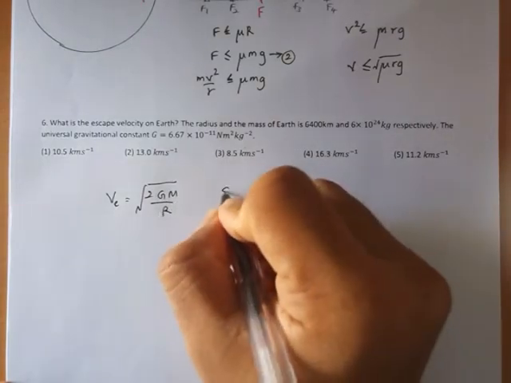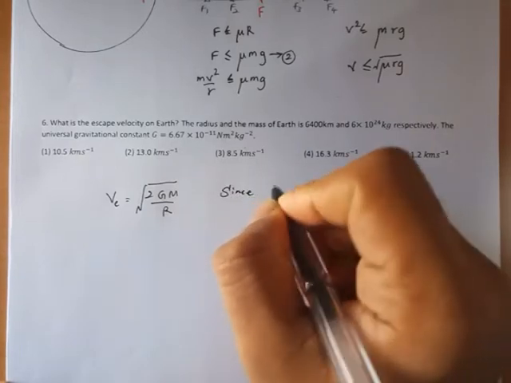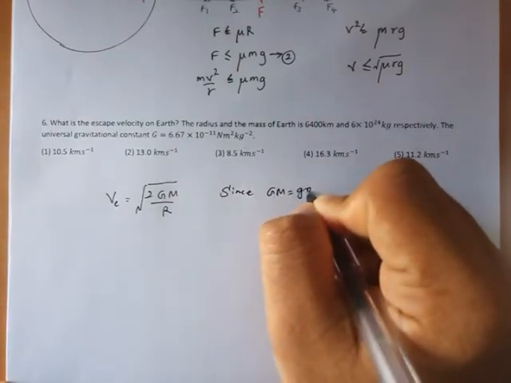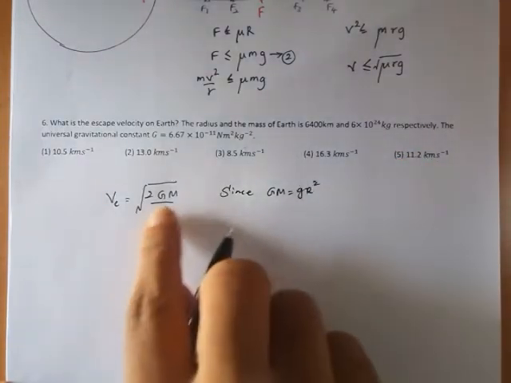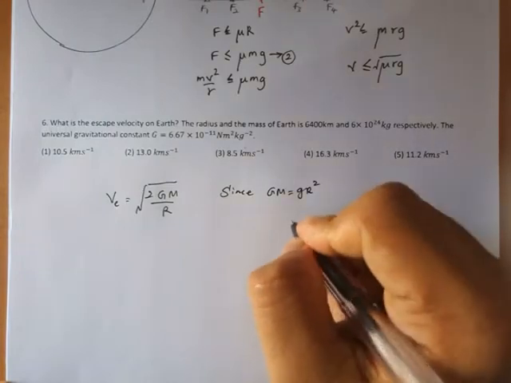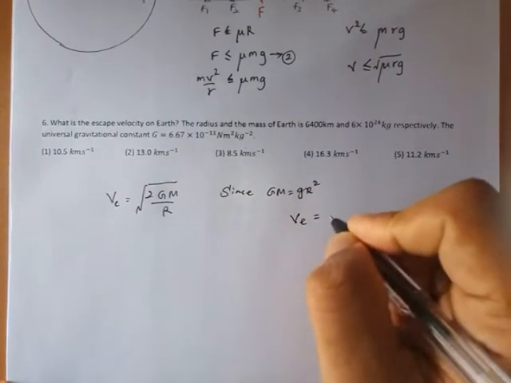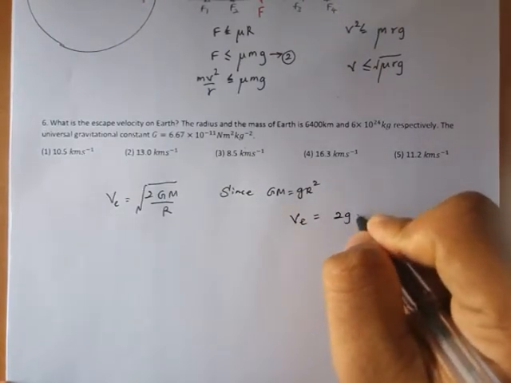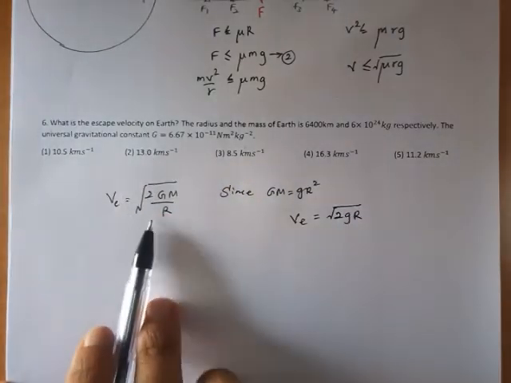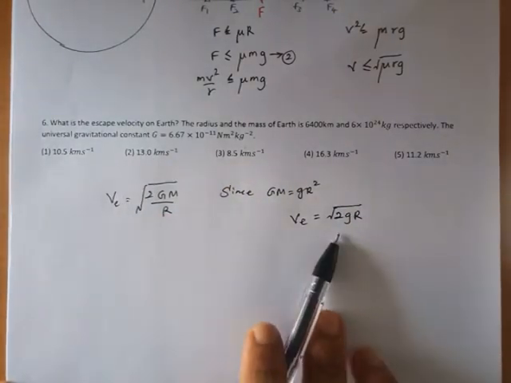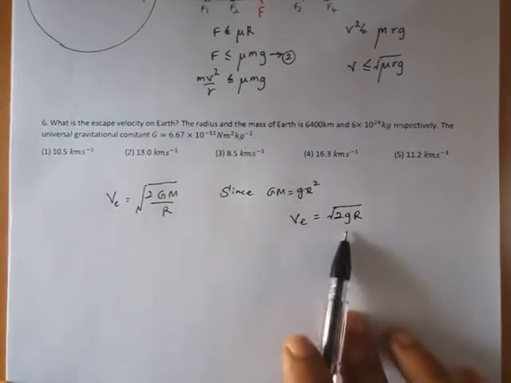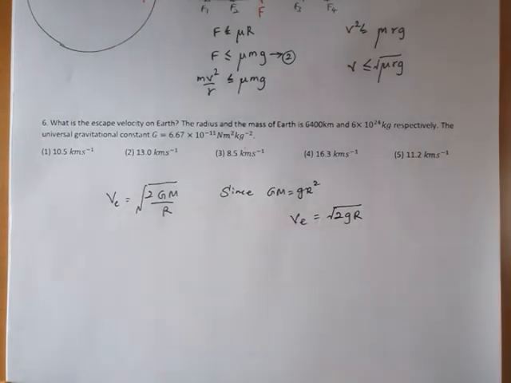And we know GM is equal to g R squared, so if I substitute g R squared for GM, then I get v equals the square root of 2gR. You can find the value using this equation or else using this equation. For me, this one is very convenient and easy, so I'm using this one.